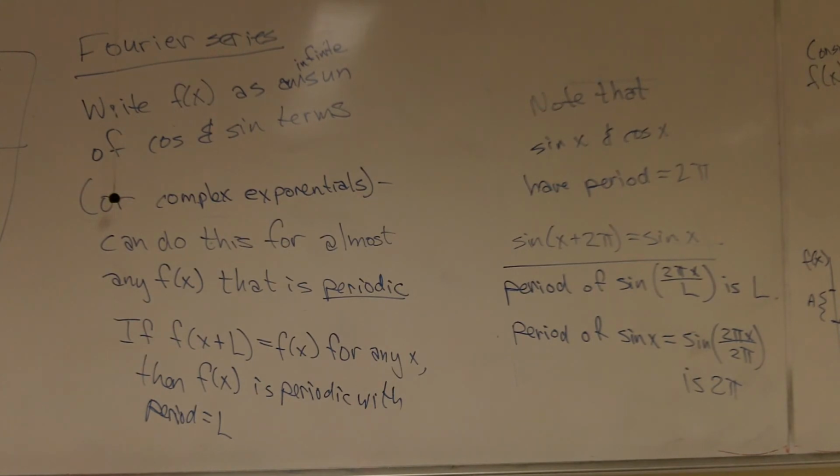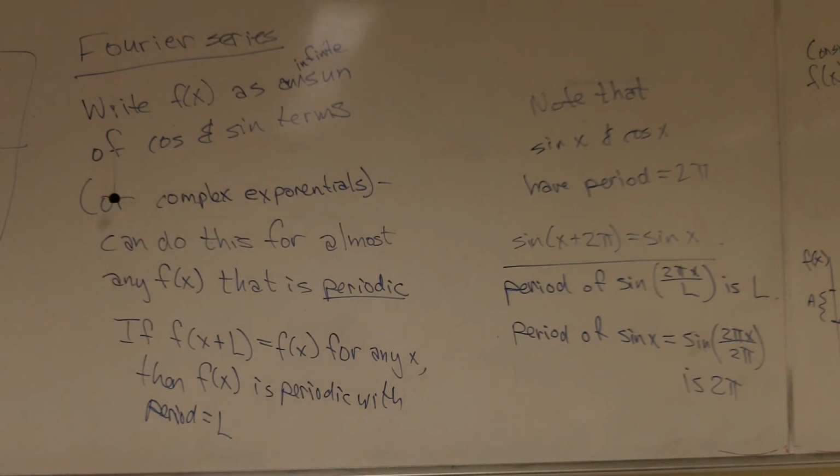I'll identify it then. Sometimes we call it the fundamental term. The first term has the same period as the function f of x that we're trying to write the Fourier series for. Right? We're going to be writing f of x as a sum of sine and cosine terms.